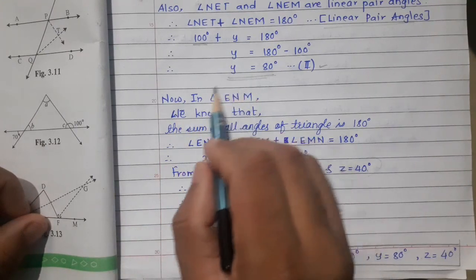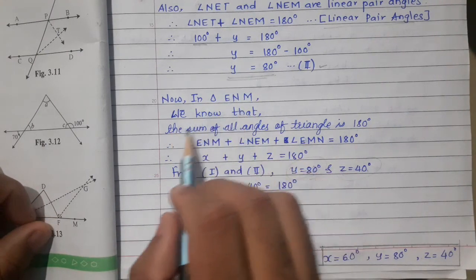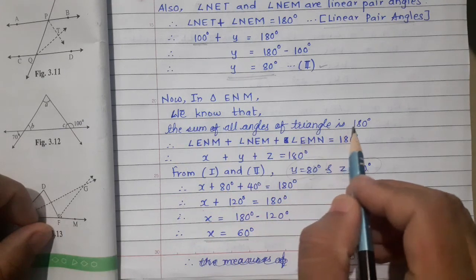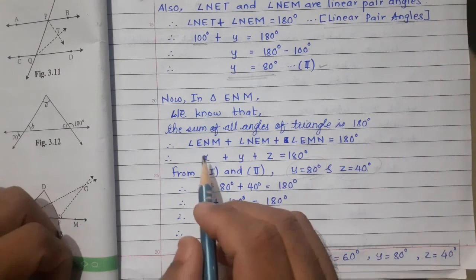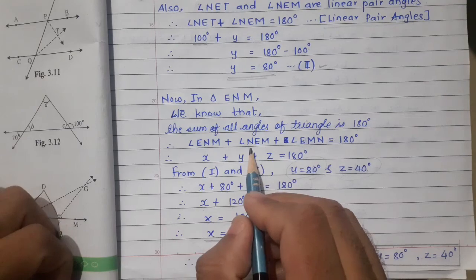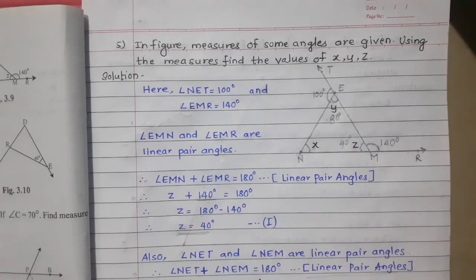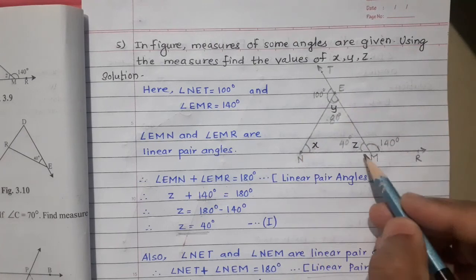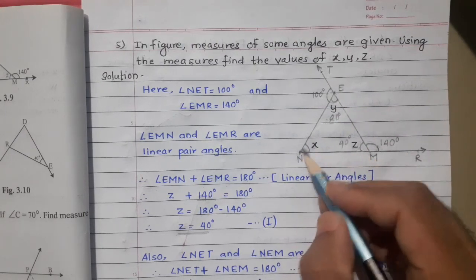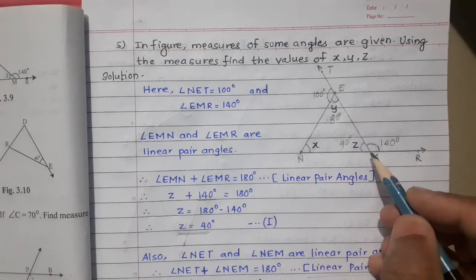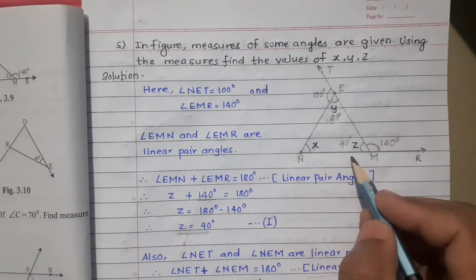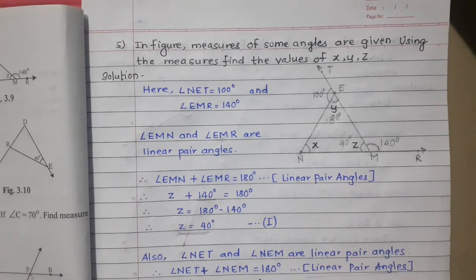Now in triangle ENM, we know that the sum of all angles of a triangle is 180 degrees. Then we can write angle ENM plus angle NEM plus angle EMN is equal to 180 degrees.